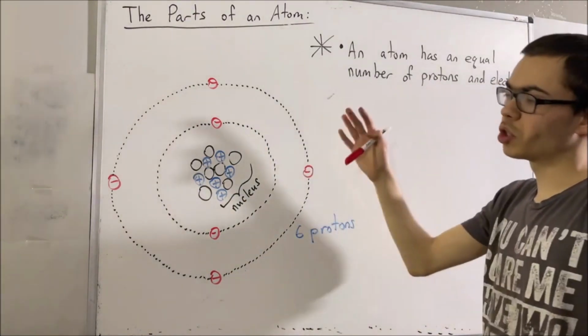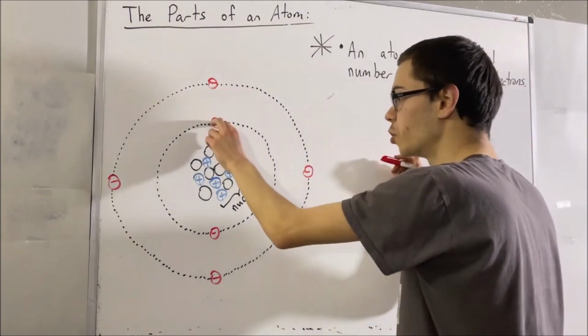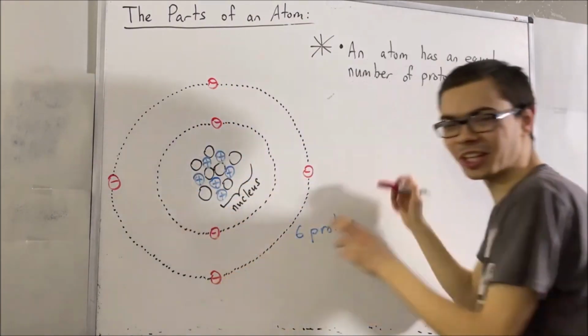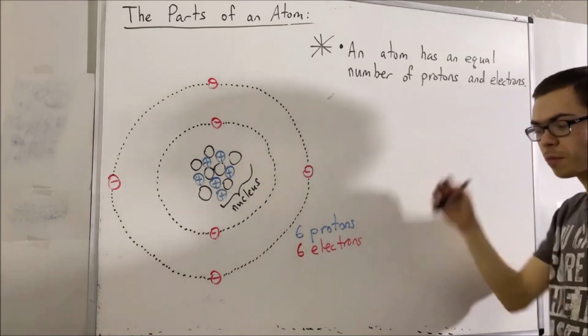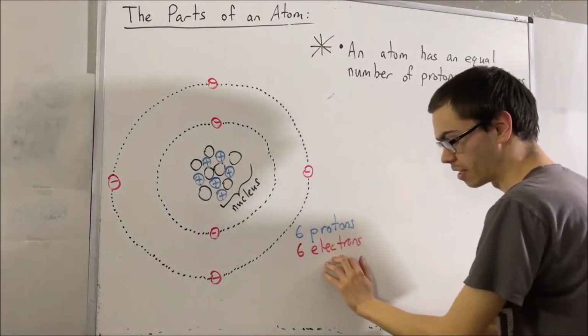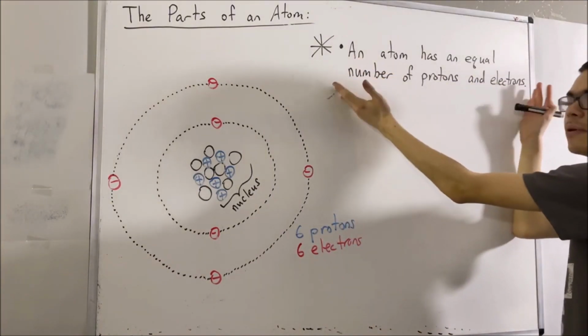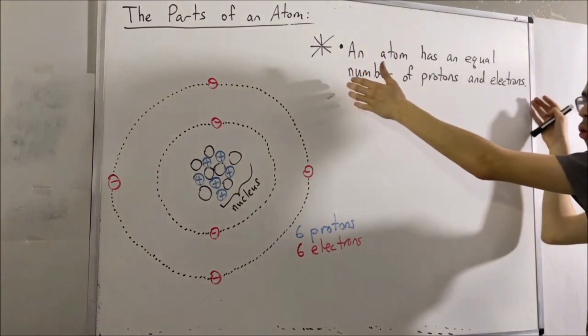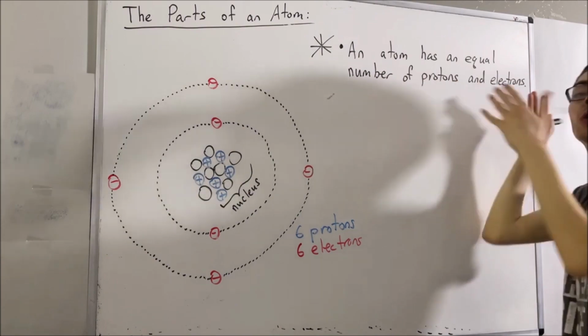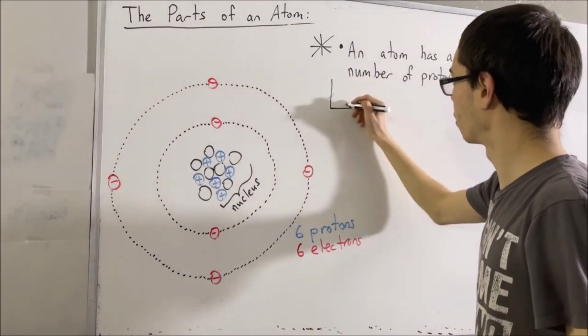And if we count the total number of electrons, we have 1, 2, 3, 4, 5, 6 electrons. So as you can see, we have an equal number of protons and electrons. It's a key idea about atoms. And another way of putting this is we say that atoms are electrically neutral.